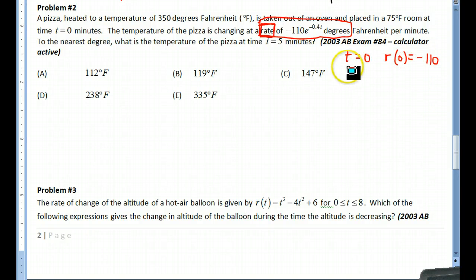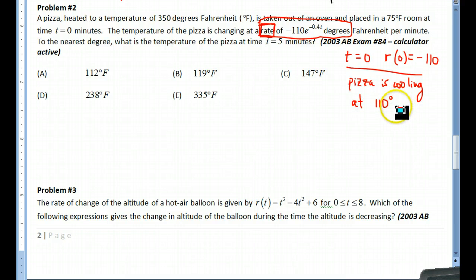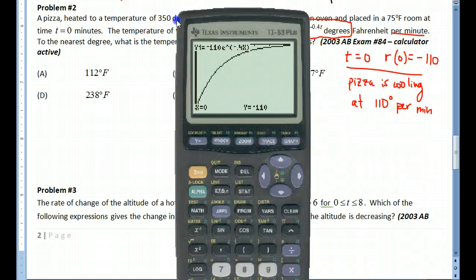So what all this means is the pizza is cooling at 110 degrees per, and it says per minute. So at the very beginning, it's changing at 110 degrees per minute.